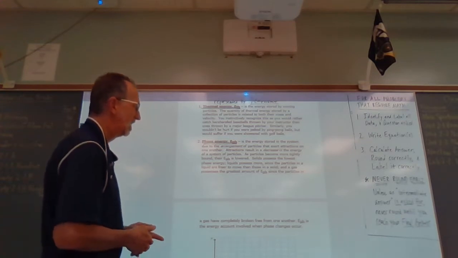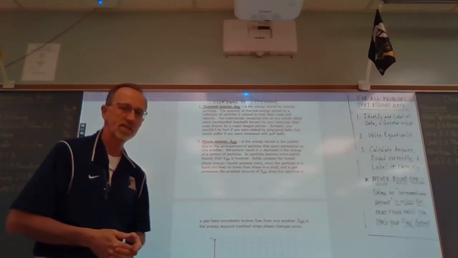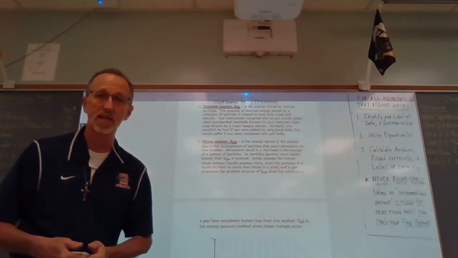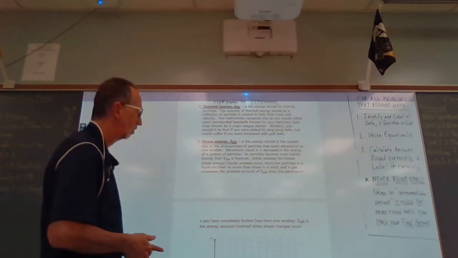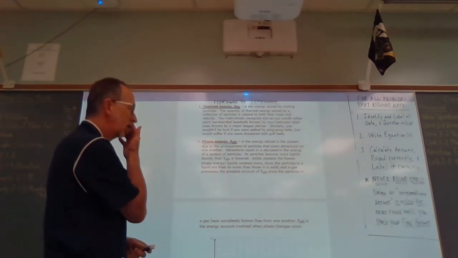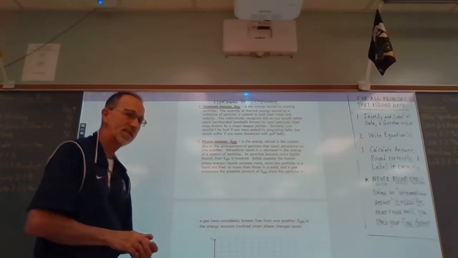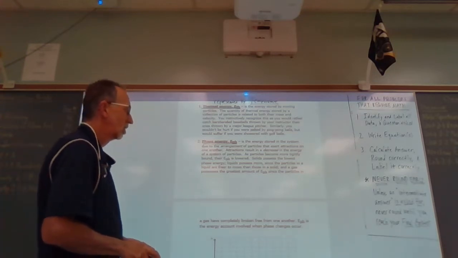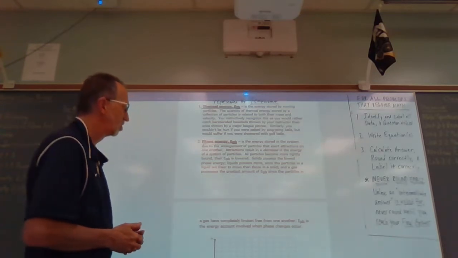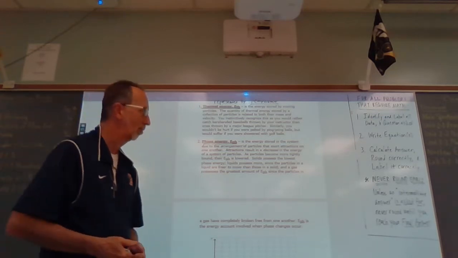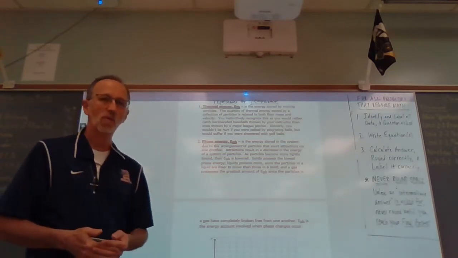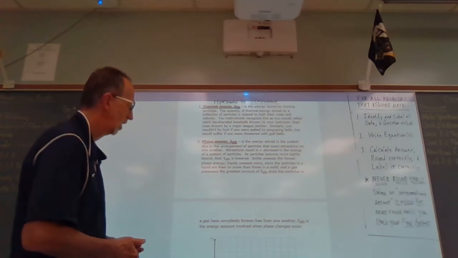Attractions result in a decrease in the energy of the system of the particles because if they're closer together, they can't move as well, right? As particles become more tightly held, their phase energy is then lowered. Solids possess the lowest phase energy, liquids possess somewhat more, and gases a way larger amount, all right?